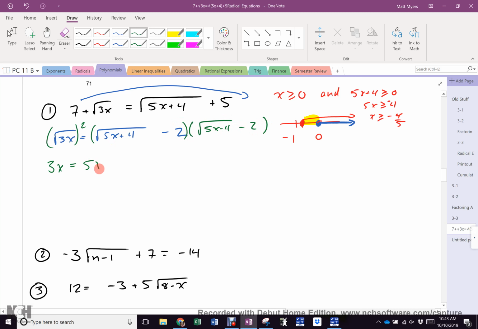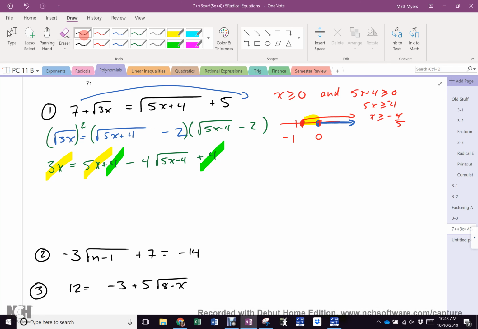That is 5x plus 4, because that times that gives me the radicand, minus 4 root 5x minus 4 plus 4. Right? Because negative 2 and then another negative 2. So check your work. Now you should see like term, and like term, yes? We've been through grade 9. What do we do? Collect our like terms.